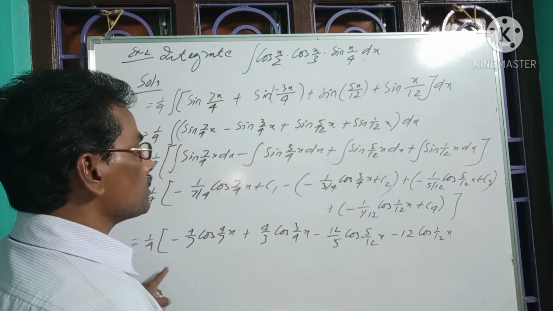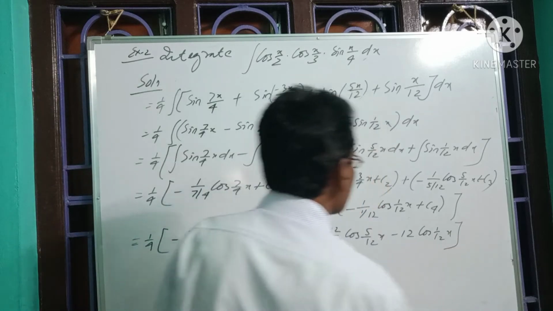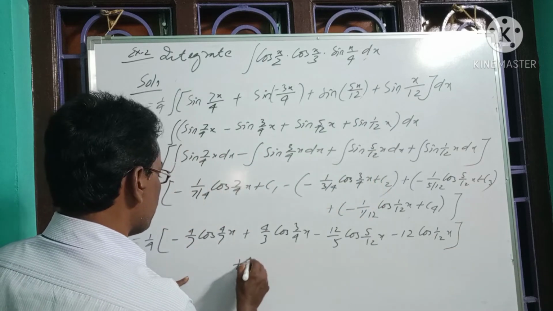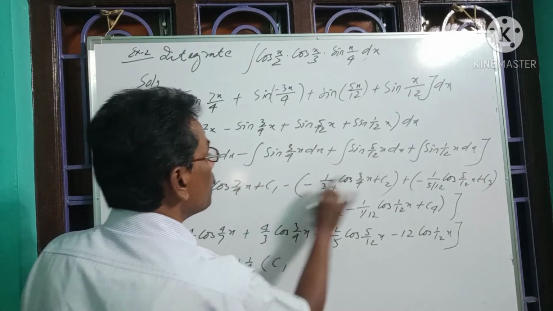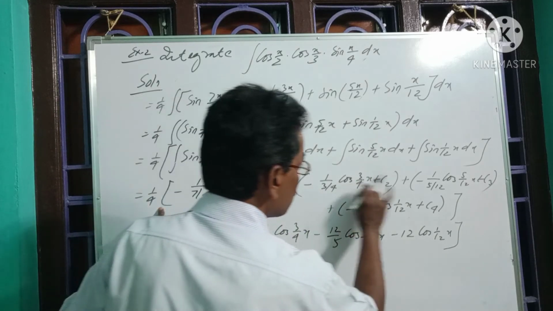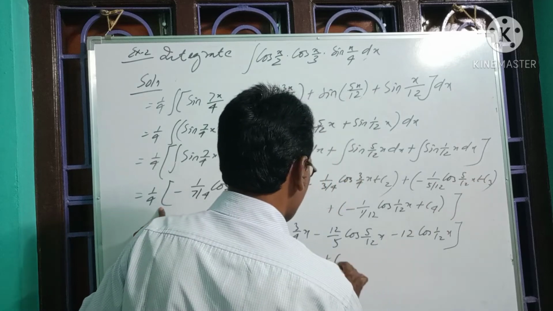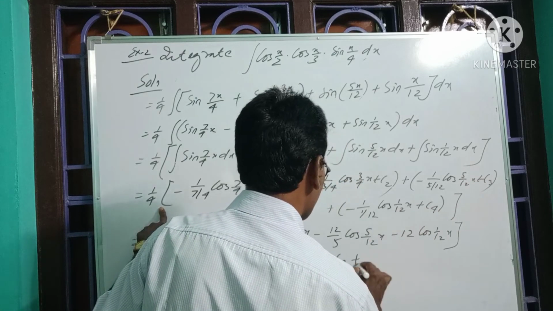So collecting all the functions and finally collecting all the constants, we have 1 by 4 into, in the first we have the constant c1, then we have the constant c2, then we have the constant c3, and finally we have the constant c4.